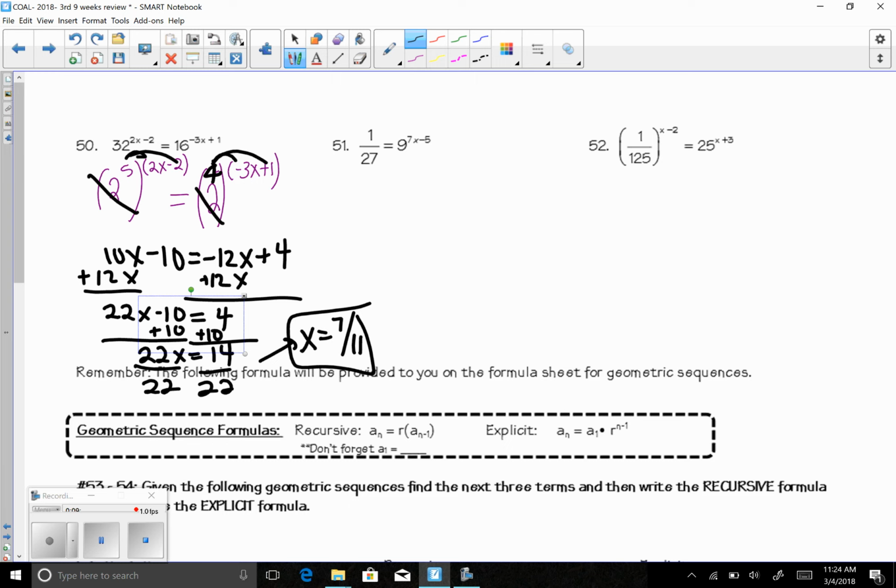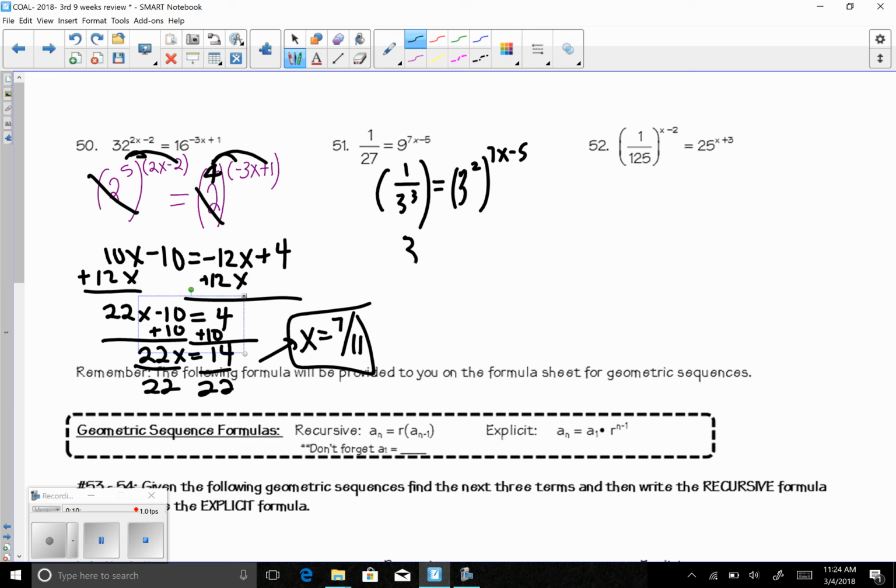Okay, so 51 and 52, I'll just help you guys with what you should change them to. So hopefully you guys did 1 over 27 is 1 over 3 to the third, and then change your 9 to 3 squared to the 7x minus 5 power.